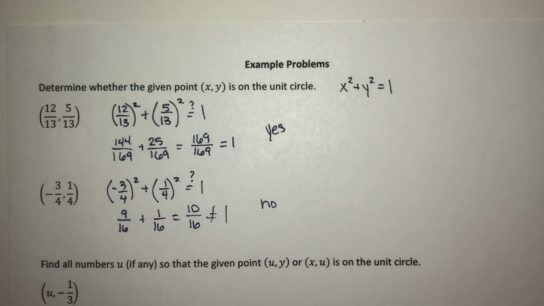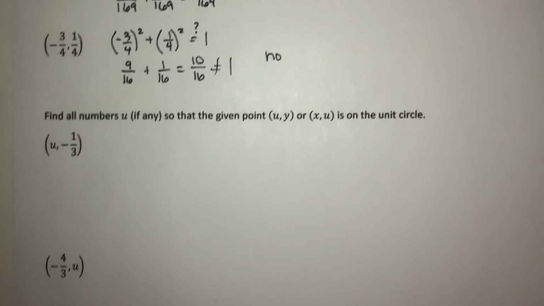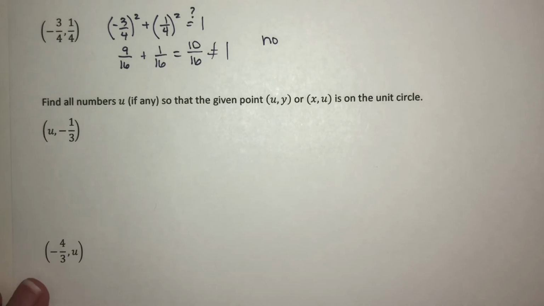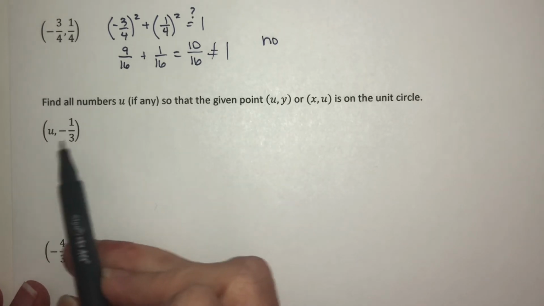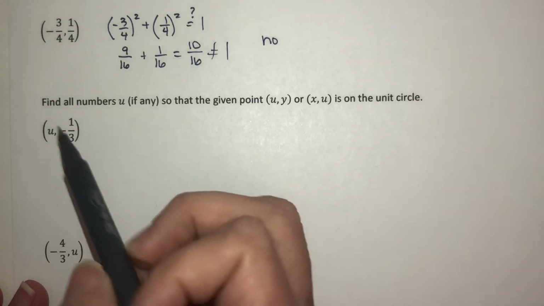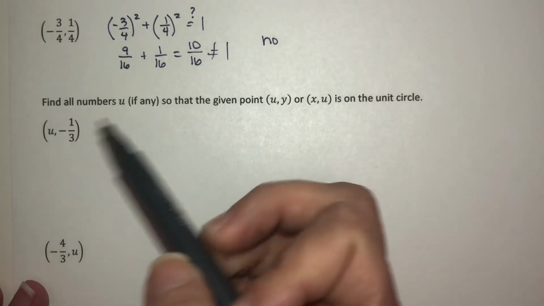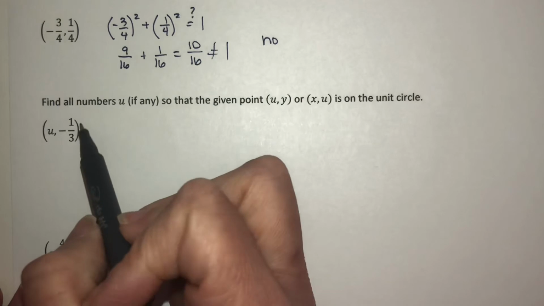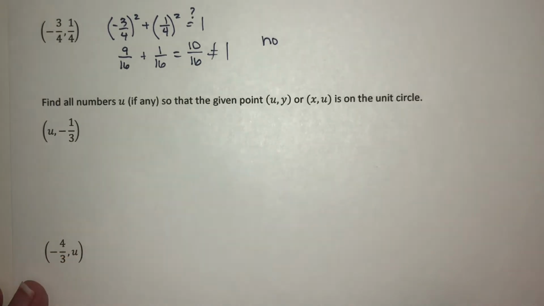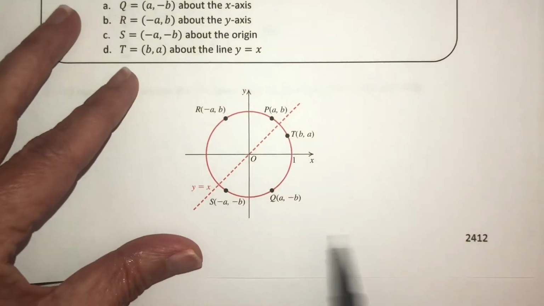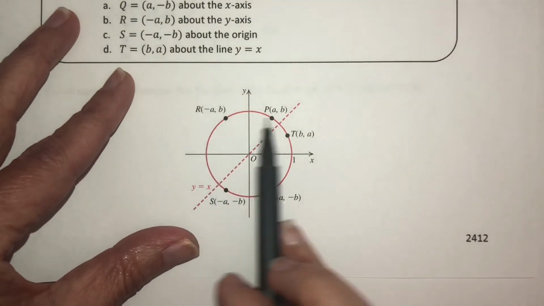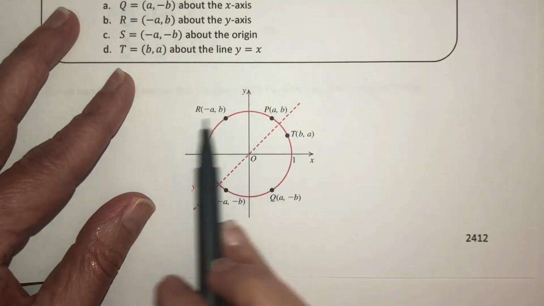Okay, now let's go into a slightly different type of problem. Here we are given a partial ordered pair, and they want us to find all the numbers, if there are any, that have this y component. Now, if we're talking about a circle and whether we have the y component or the x component, if my y values are the same, often I will hit the unit circle more than once.